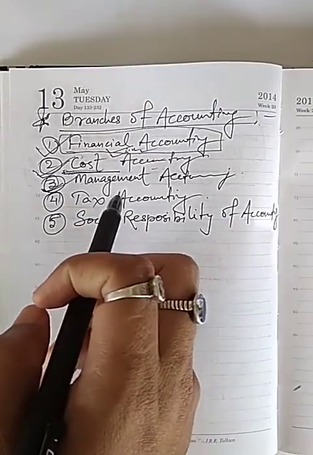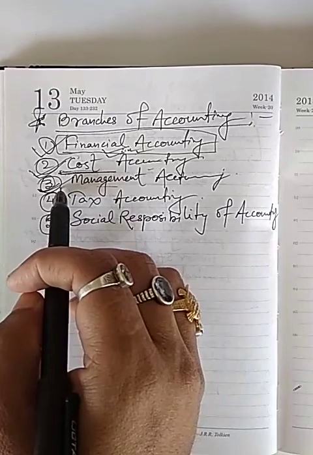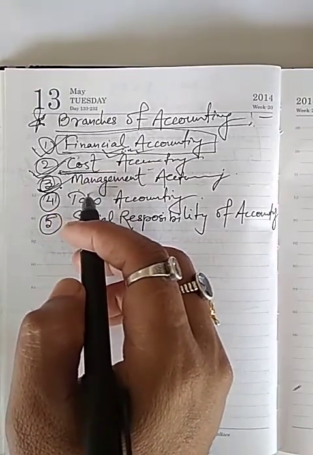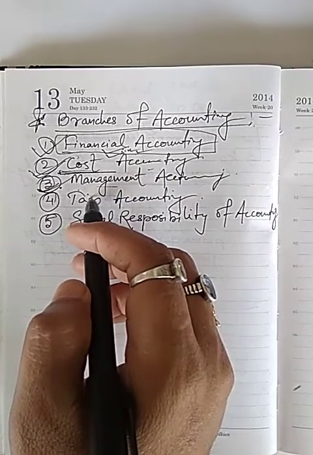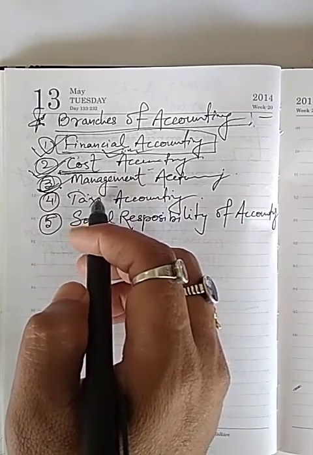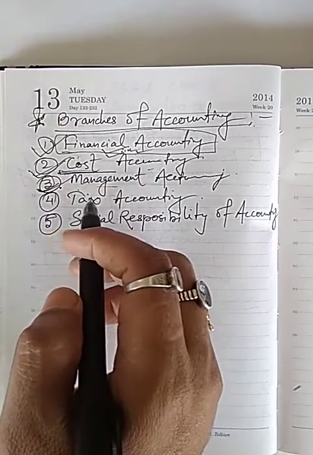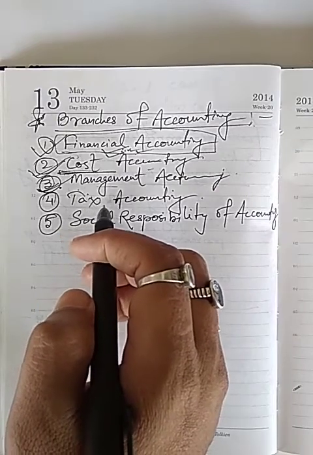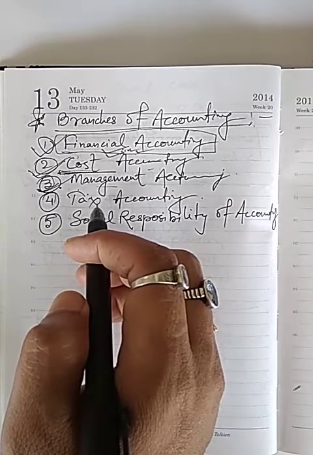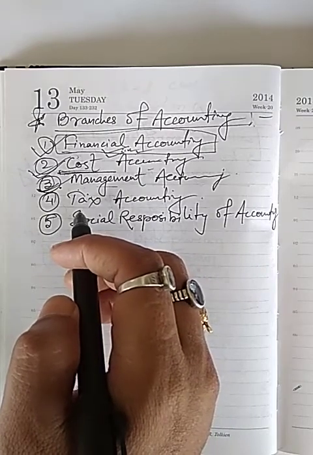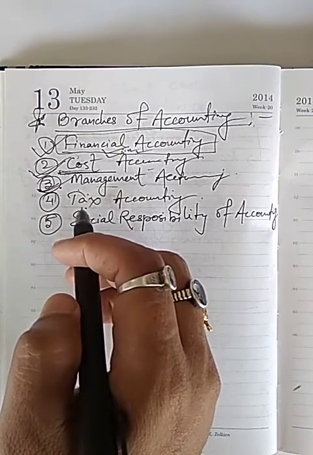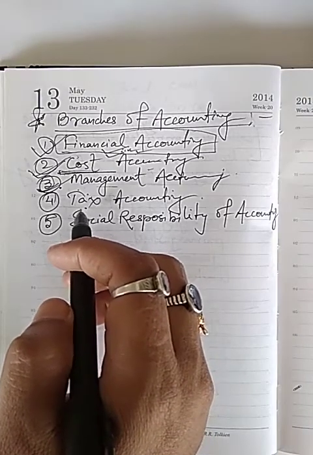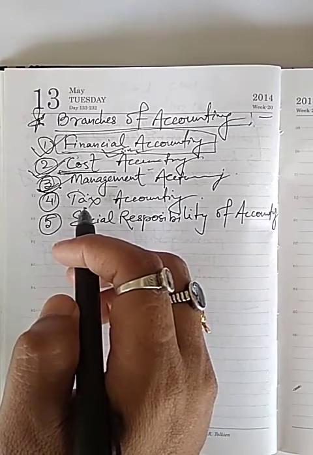The third point is management accounting. The main purpose of management accounting is to present accounting information in such a way as to assist the management in planning and controlling the operation of the business. The management accountant uses various techniques and concepts to make accounting data more useful for managerial decision making.